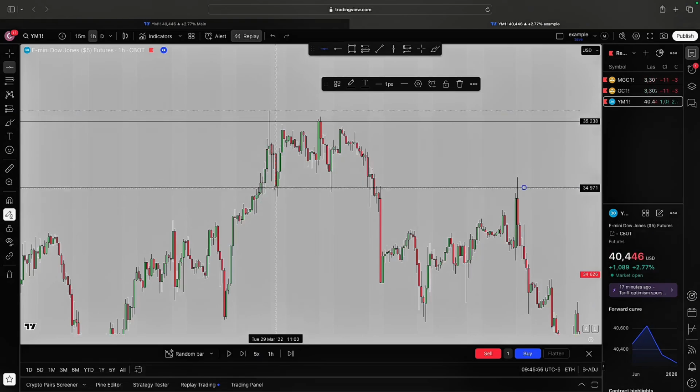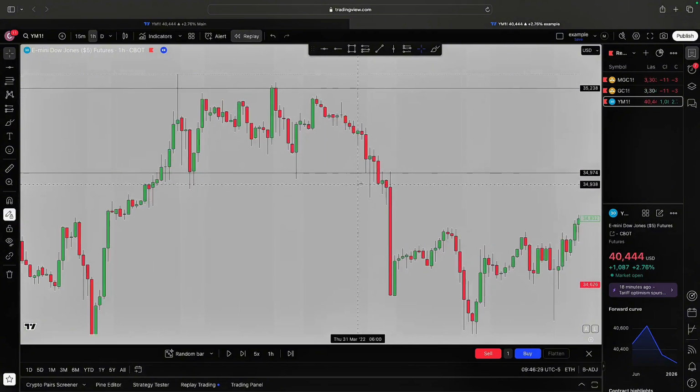Look, 1, 2, 3, 4, 5, 6, and so on. You see 3 or more. So this whole area right here, there's no trend. This here would be your resistance because nothing broke above it. And this here would be your support because, if we're just looking at this area here, nothing broke below it.